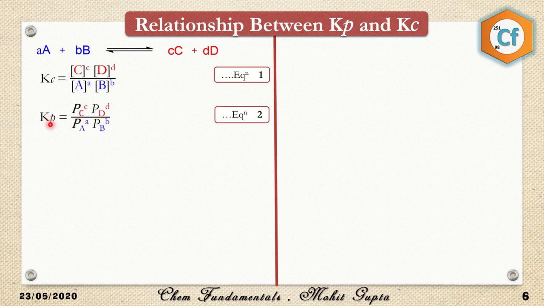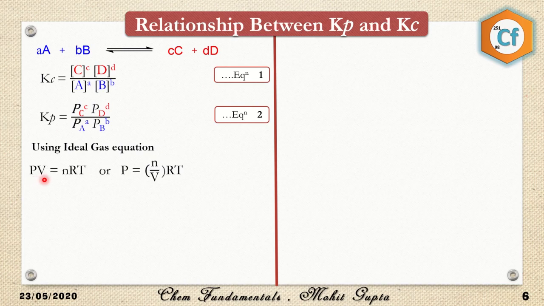Now we'll write the formula of Kp. We have seen it already. Now we will be using the ideal gas equation. What is the ideal gas equation? PV equals nRT, where P is the pressure, V is the volume, R is the gas constant, T is the temperature, and n is the number of moles. I can rearrange it as P equals n by V times RT, where n is the number of moles and V is the volume.